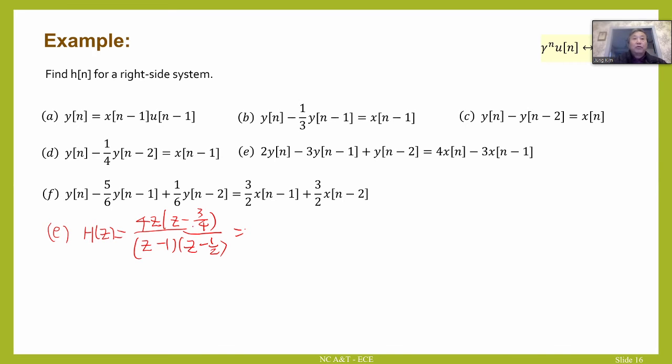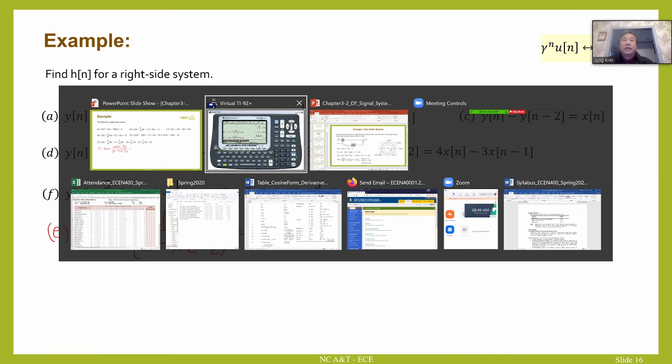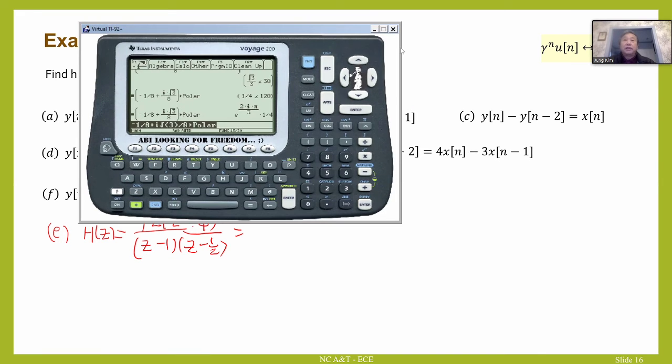We're going to apply the partial fraction expansion. Let's use the calculator. This case is real numbers, so we can do it very easily.